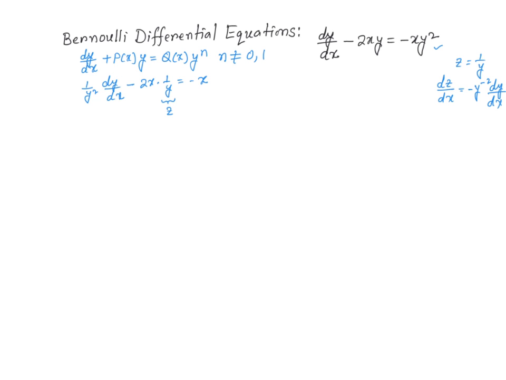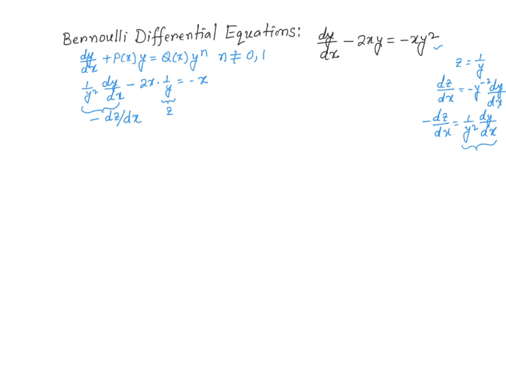Then if I simplify it, I get the following: negative dz over dx is equal to 1 over y squared dy over dx. Now you may notice that this is nothing but this. So this could be replaced by negative dz over dx.